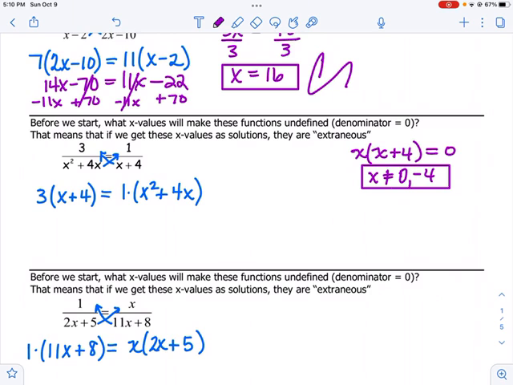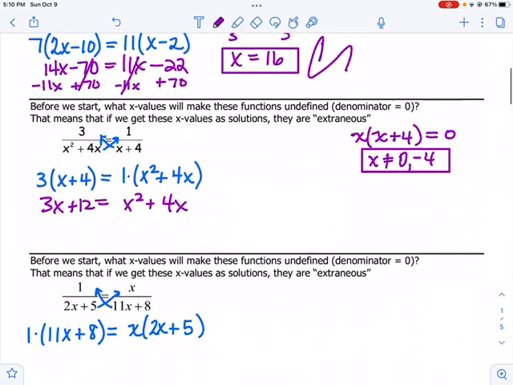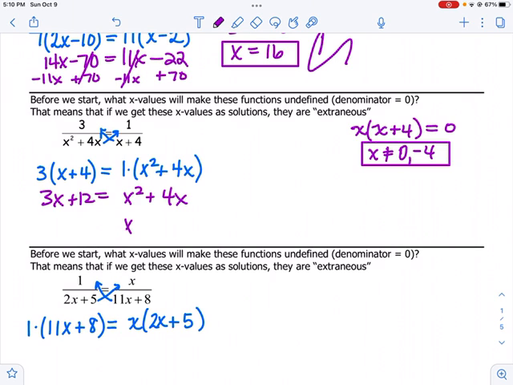So we cross multiply, and we get 3x plus 12 is equal to x squared plus 4x. We've got a quadratic now. The previous equation turned out to be a linear equation. Now we've got a quadratic equation. So what we're going to do is subtract 3x and subtract 12 from both sides. We get x squared plus x minus 12 on the left, and on the right-hand side of that equation, we get 0.